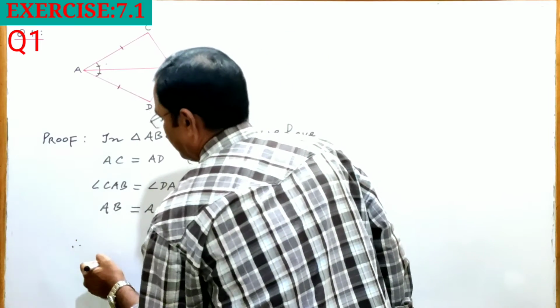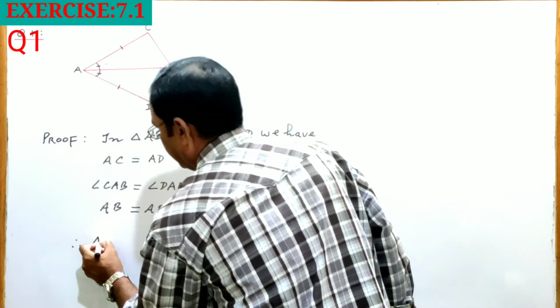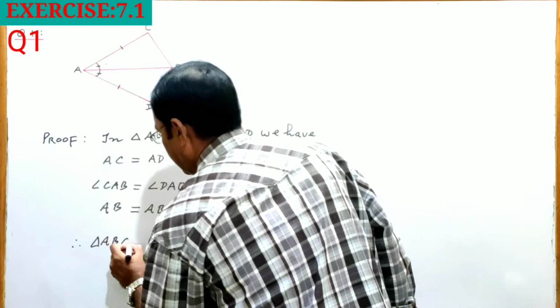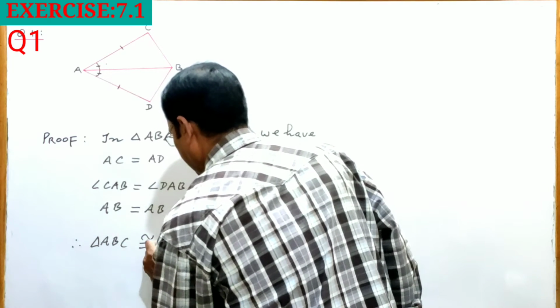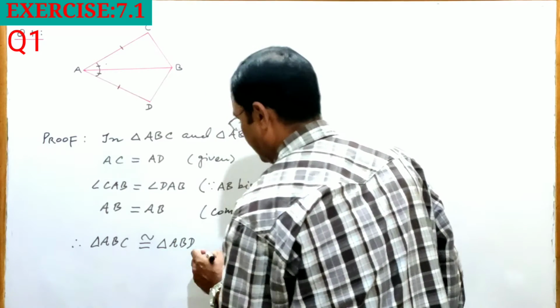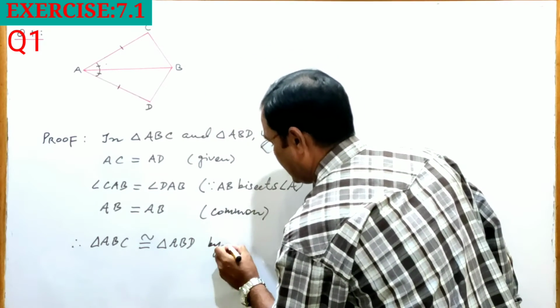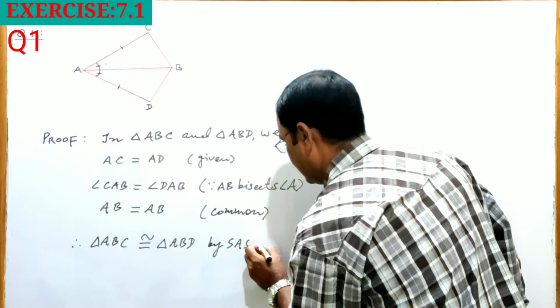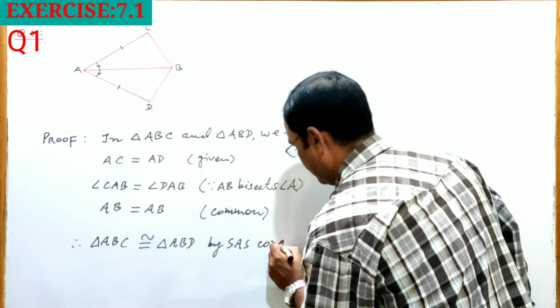So therefore triangle ABC is congruent to triangle ABD by side angle side congruence rule.